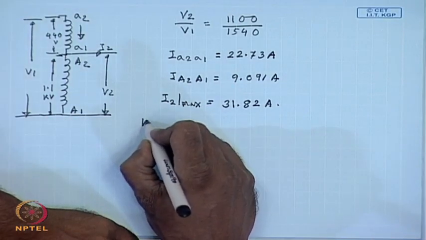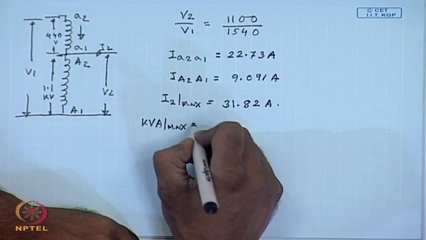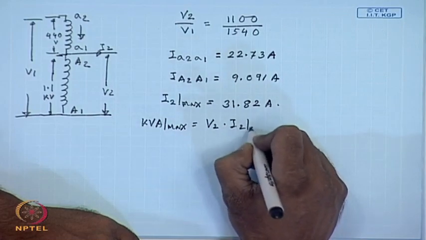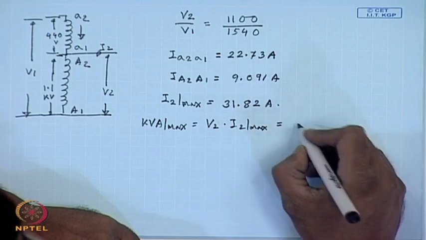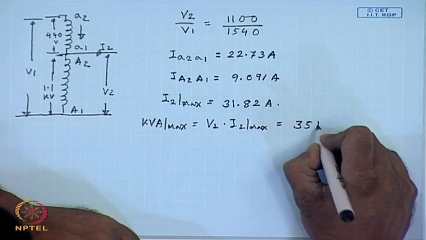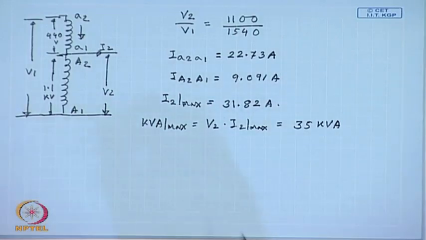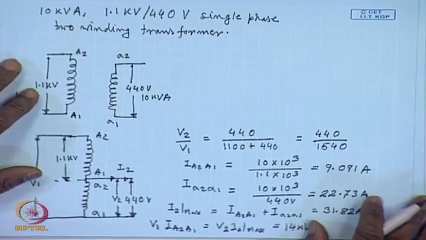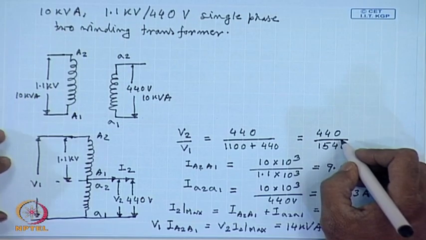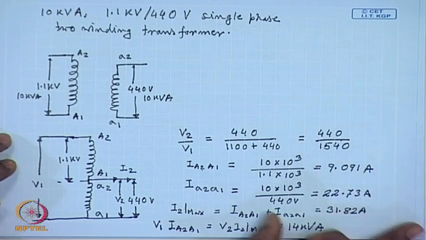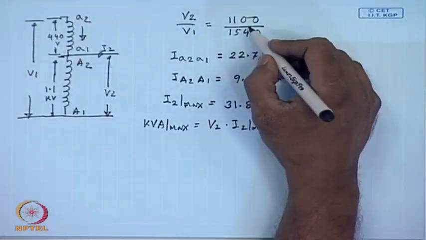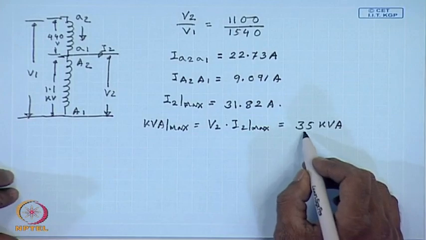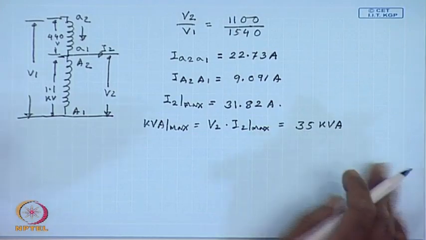Now, the maximum kVA, that is V2 into I2 max, comes to about 35 kVA. So, a 10 kVA two winding transformer can supply 35 kVA when connected as an autotransformer. It is easy to see here that the value of alpha was much lower than 1 earlier, hence the increase in the kVA was not all that great. Here the value of alpha is close to 1, hence we get almost 3.5 times increase in the kVA rating of the autotransformer.